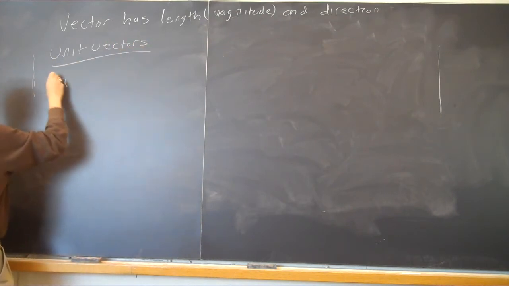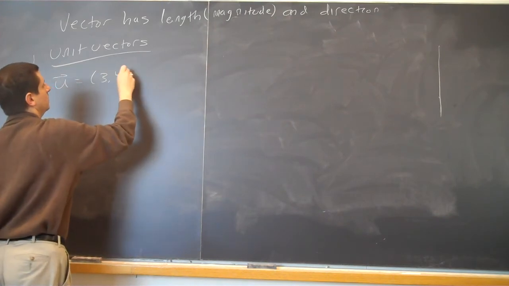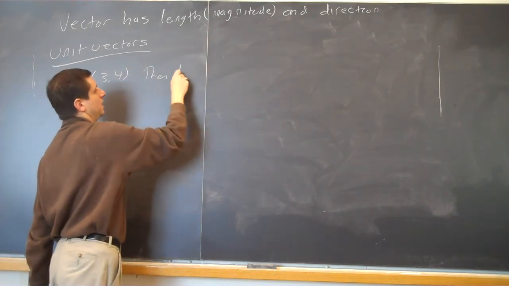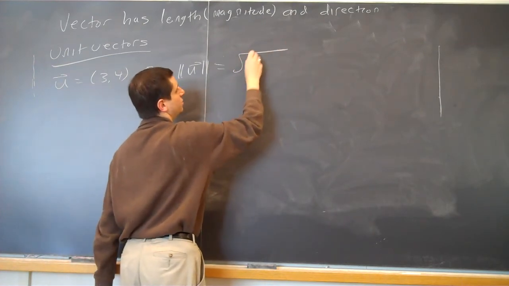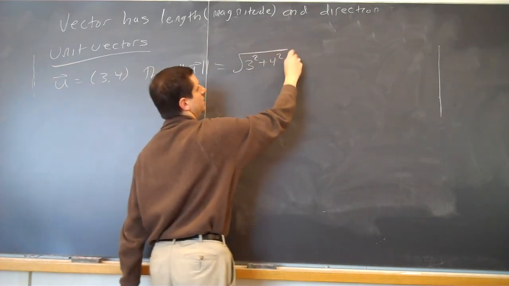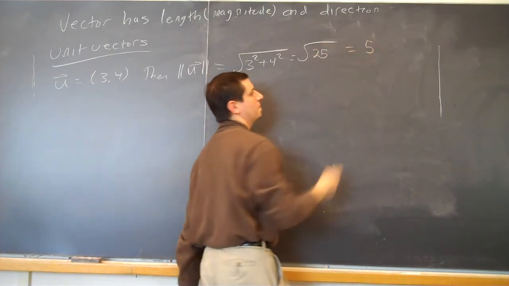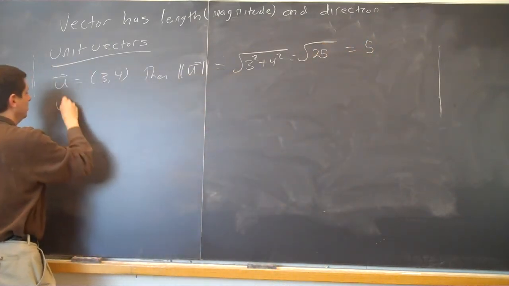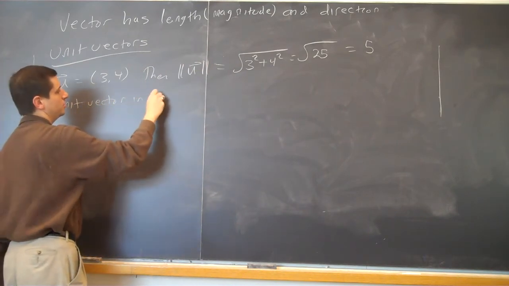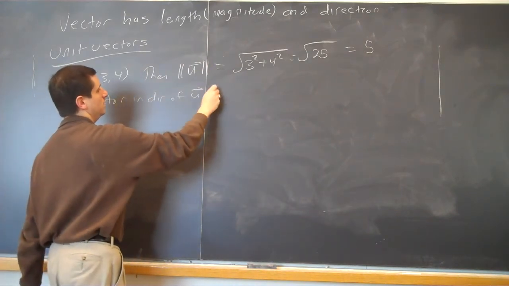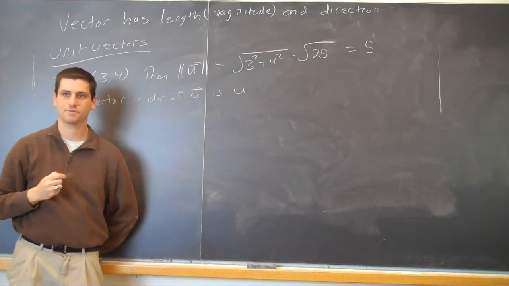So if I give you u is (3, 4), then the length of u is going to be the square root of 3 squared plus 4 squared. This is the square root of 25. This is just 5. So, the unit vector in the direction of u, how do you think I'll denote a unit vector?